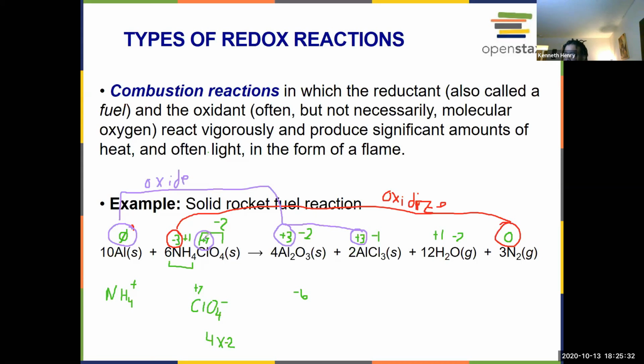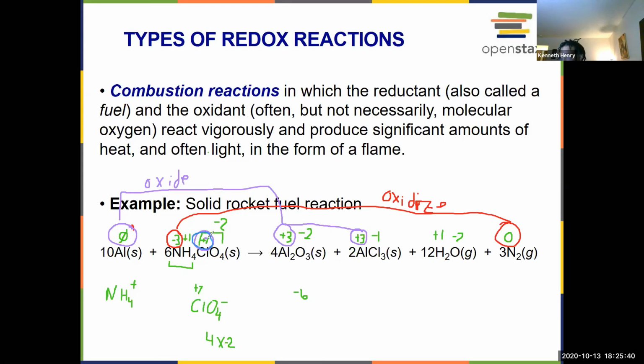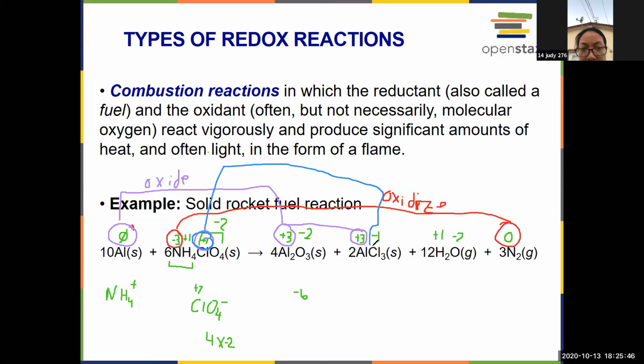That's a 7. This is a different color. We have a +7 to a -1. Reduced. Oxygen stays the same.